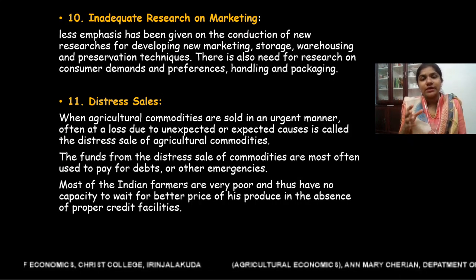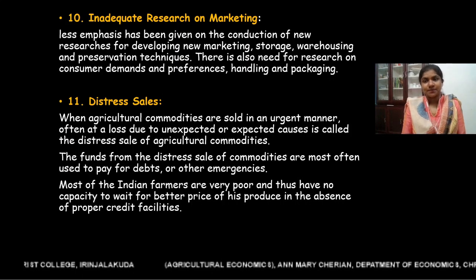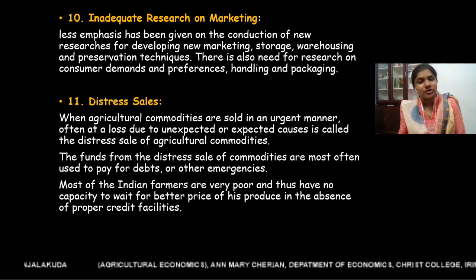So inadequate research on marketing is yet another issue faced by the Indian agricultural marketing system. So there is also a need for research on consumer demands, preferences, handling and packaging, etc.